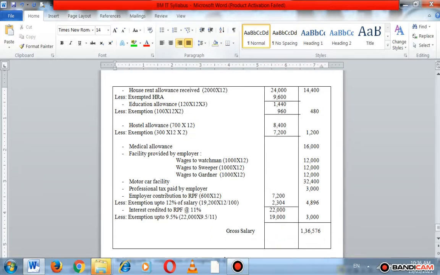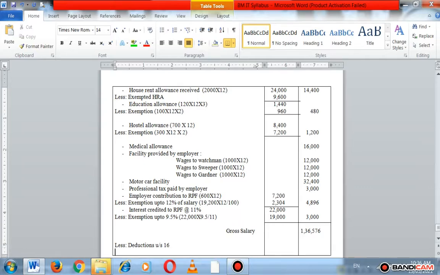Now we get the deductions under section 16.